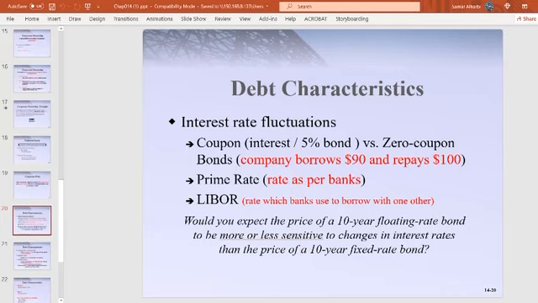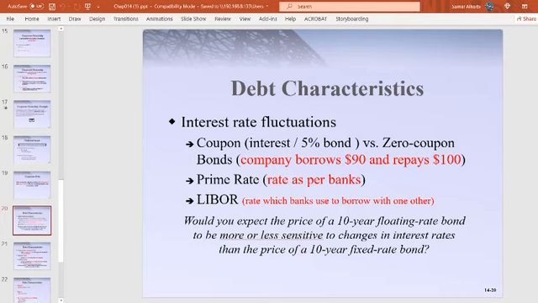The difference here is 10. This is the profit for the investor, in the case of a zero coupon bond. So you buy it at a discount, at 90, and in 1 year they give you 100. This will compensate you.